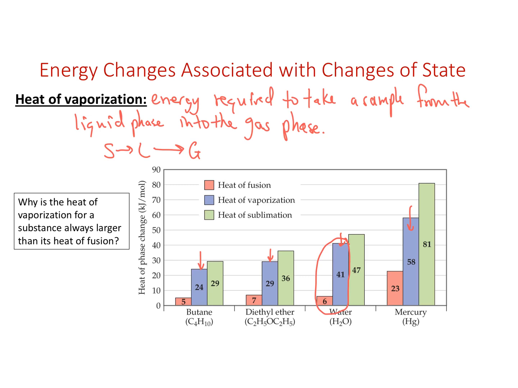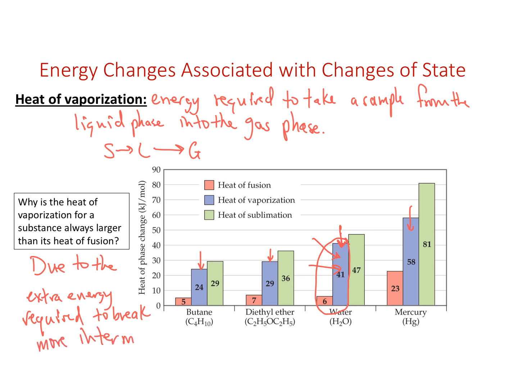So because I had to break more of those intermolecular forces, I had to put a lot more energy in, and hence my 41 kilojoules per mole for the heat of vaporization. So it's a larger energy due to the extra energy required to break more intermolecular forces.